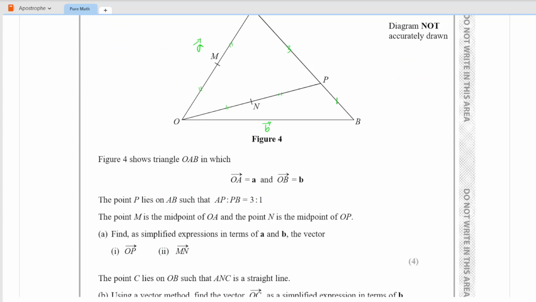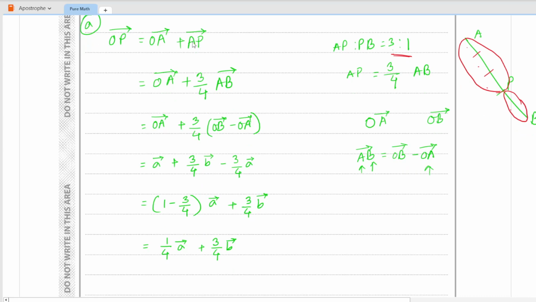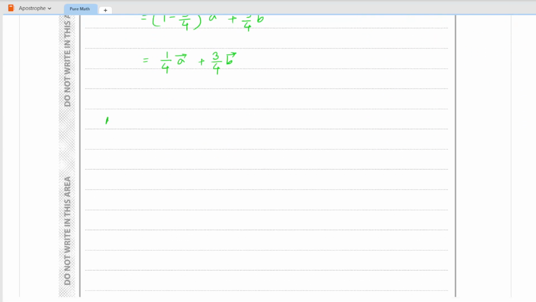Now the question asked us to find MN. MN is basically MO plus ON. MO meaning half of AO, and ON meaning half of OP. Did we find OP here? No, we did not. Okay, let's get it started.